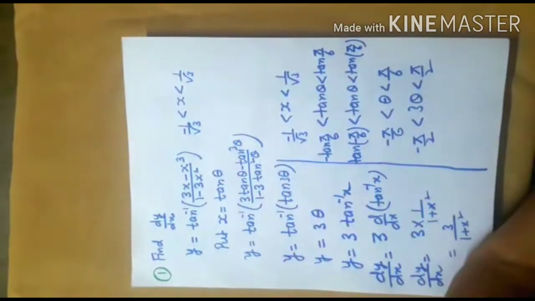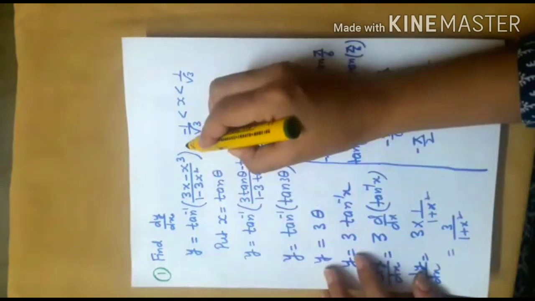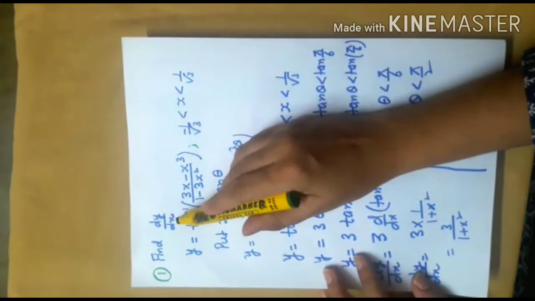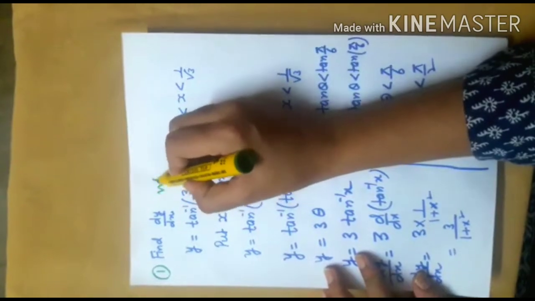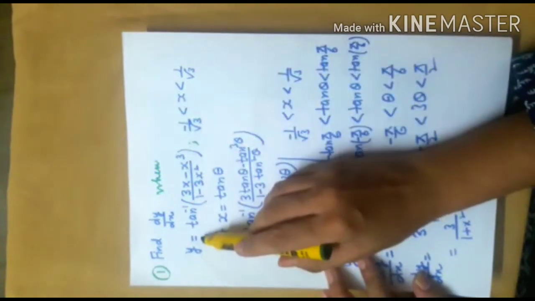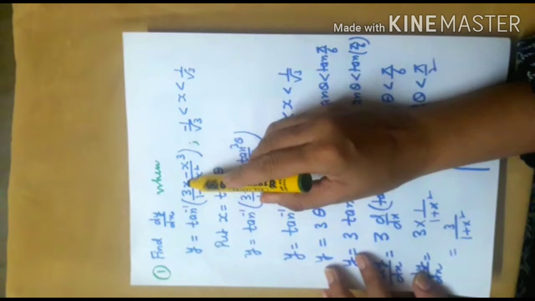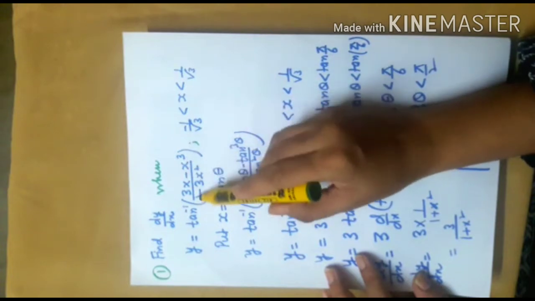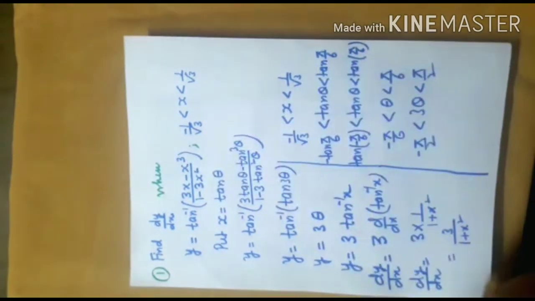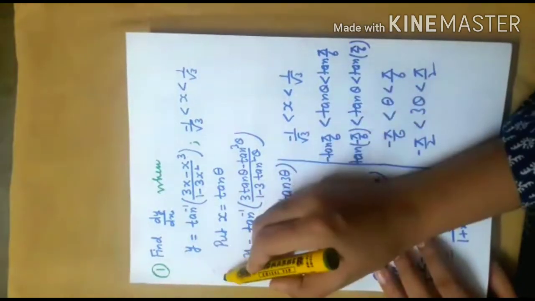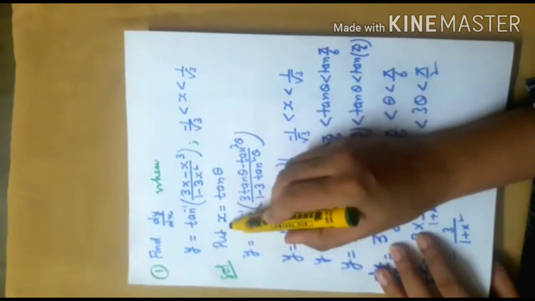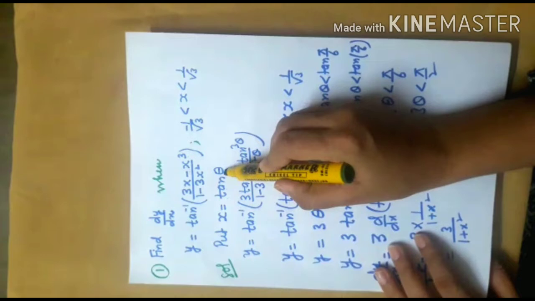Now, let's take a few questions. Find dy by dx when y is equal to tan inverse of 3x minus x cube over 1 minus 3x square. So here I'll put x is equal to tan theta.